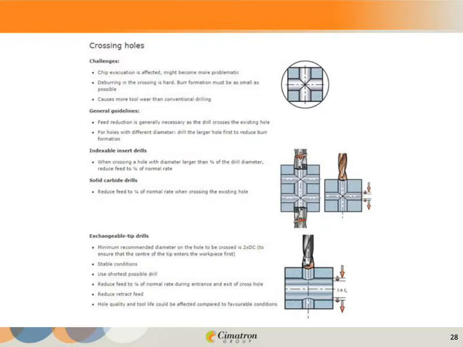Solid carbide, we want to slow down to a quarter of the normal feed rate. And the indexable drills, the exchangeable tip drills, really aren't recommended for those types of cross holes unless the diameter it's crossing over is much bigger.